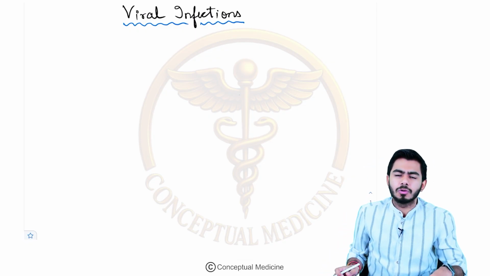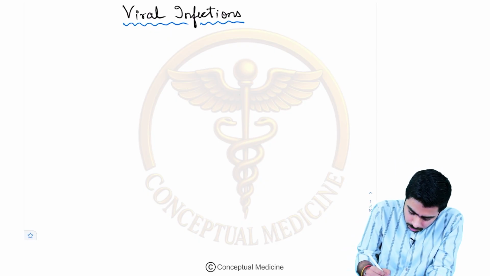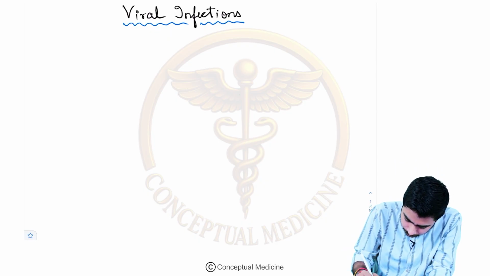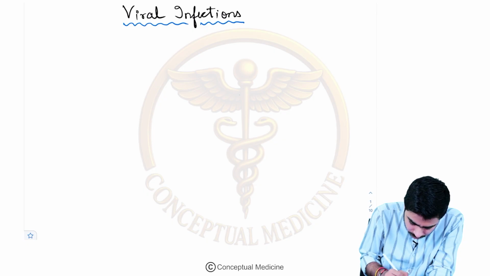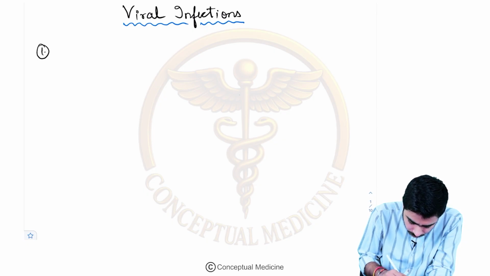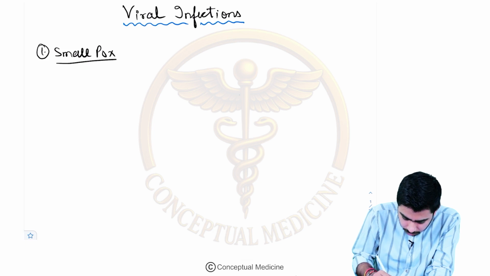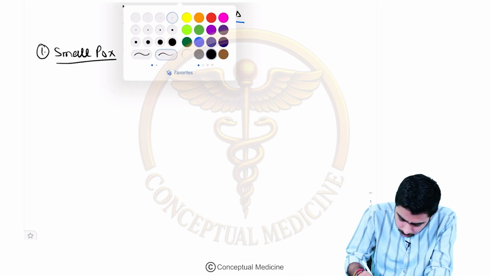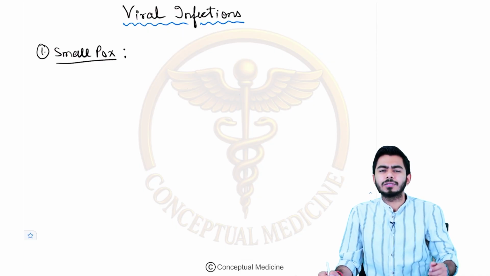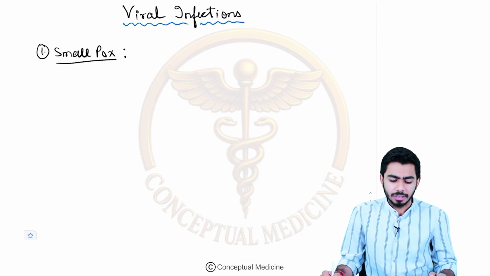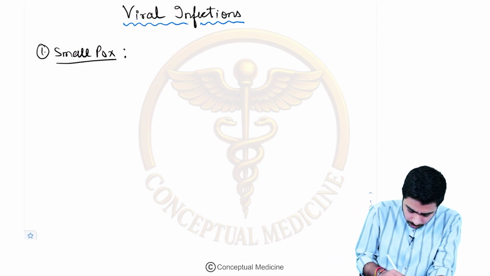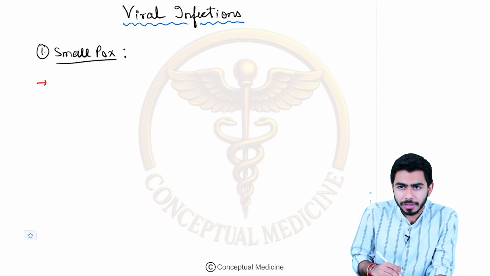The very first one which I'm going to take over here is smallpox, guys. If you talk about smallpox, it has already been eradicated. This is basically the variola virus.